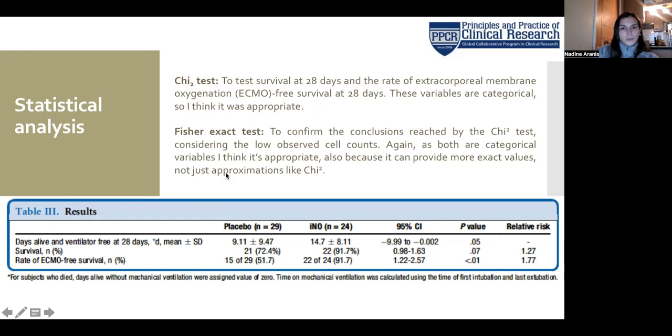And after the chi-square test, they did a Fisher exact test to confirm that the conclusions reached by the chi-square test were okay to say, because they consider the low observed cell counts. And again, as these are both categorical variables, I think it's appropriate. Also because Fisher exact test provides more exact values, not just approximations as chi-square test does.